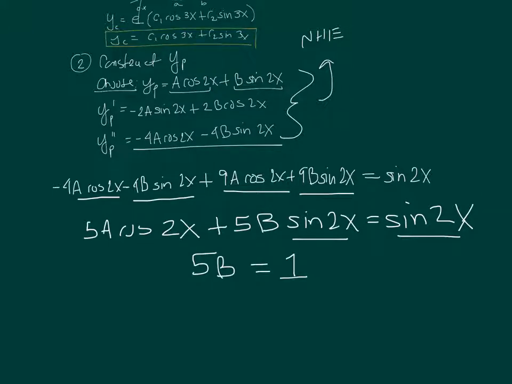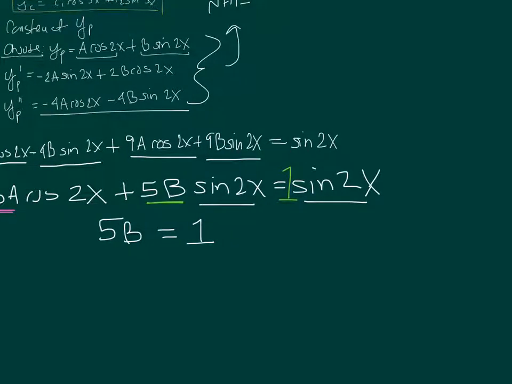Here's our 5b, the coefficient, and this is really a 1. And then we have 5a, and the coefficient on the right-hand side is really 0 cosine 2x's, because we have none.